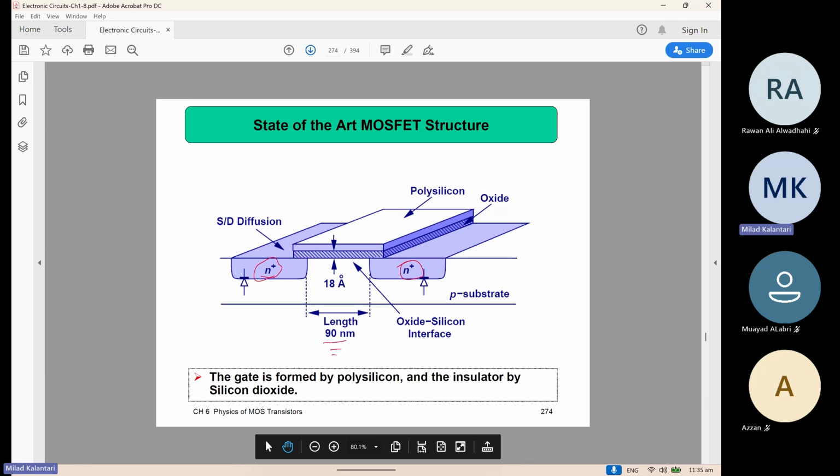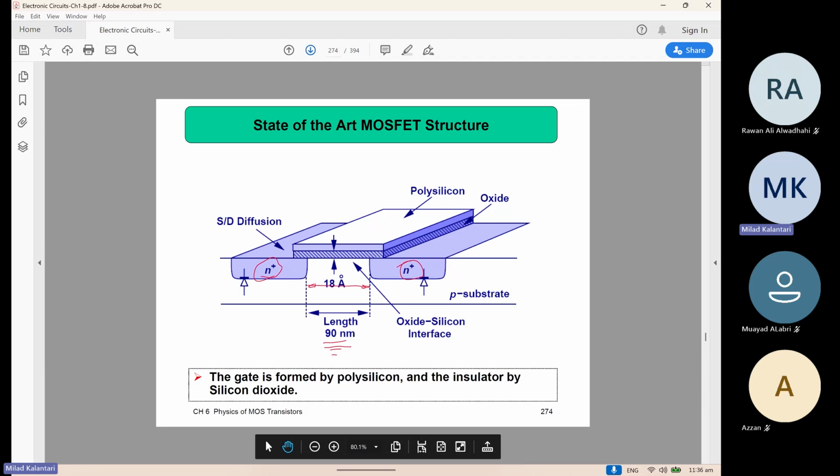When you buy the processors, they usually say that this is like a 5 nanometer device, right? Actually, they are talking about this length. They are talking about this length, the minimum feature size that they can build for the transistors in the more advanced technology, now reaching 5 nanometer.